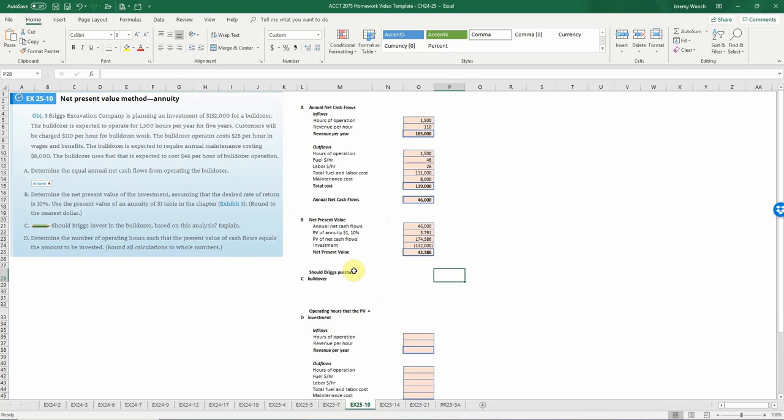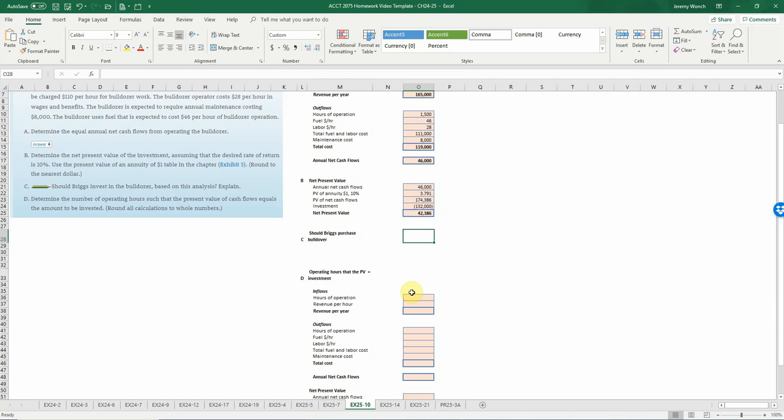But in this situation where it's just asking, do we want to do it? We have a hurdle rate or a goal of 10%, and we meet that plus an additional 42,000 essentially. So yes, it's a good deal for part C. We want to go ahead and buy the bulldozer.